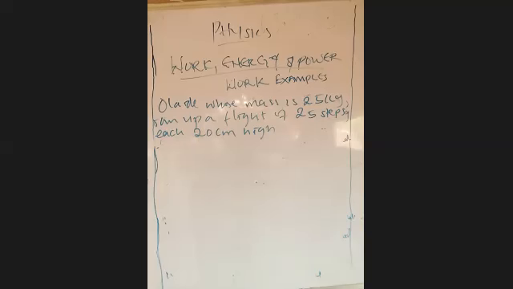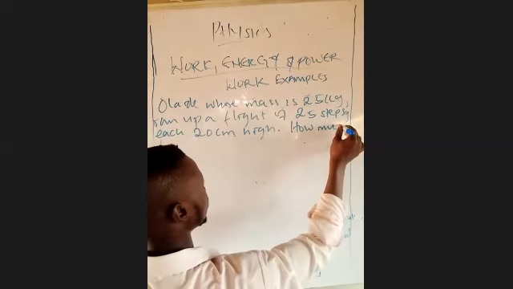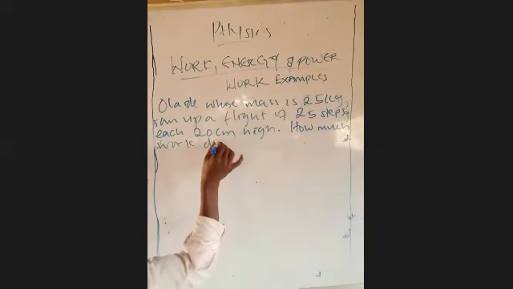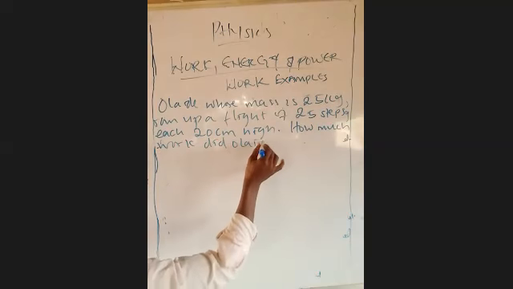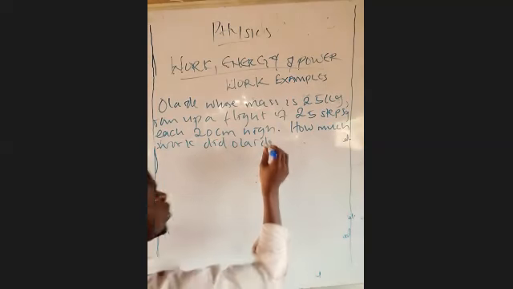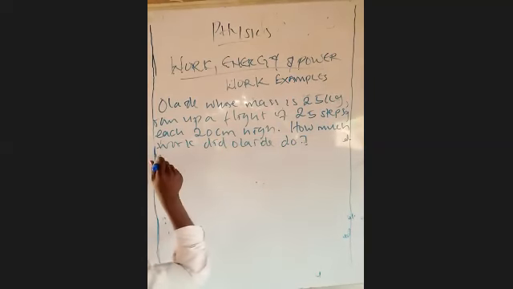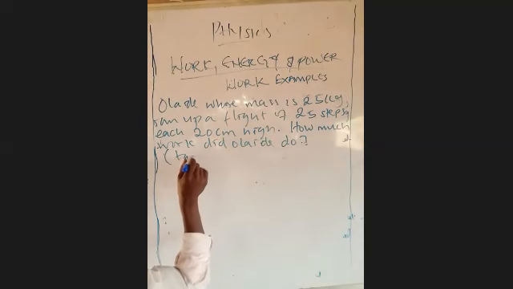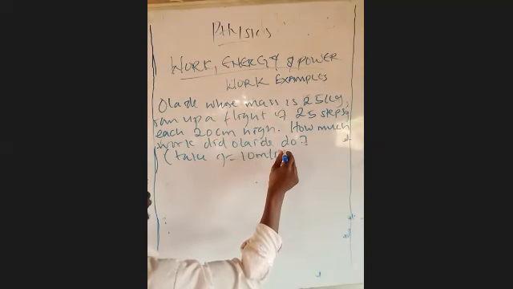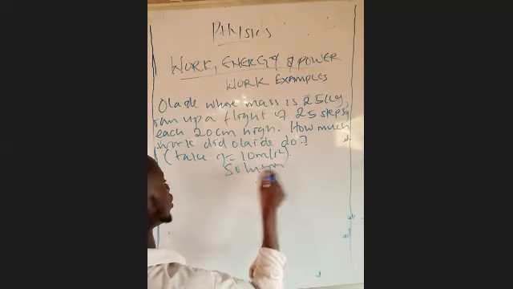How much work did Olaide do? We take g is equal to 10 meters per second square. So let's look into this solution together.